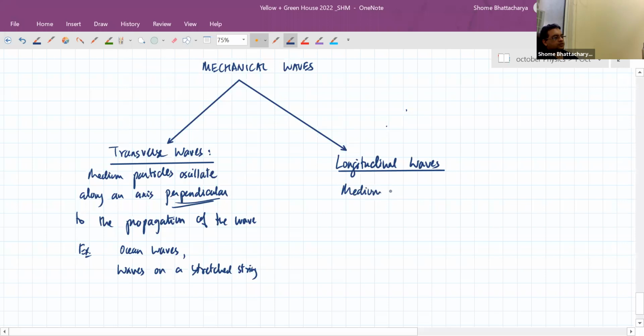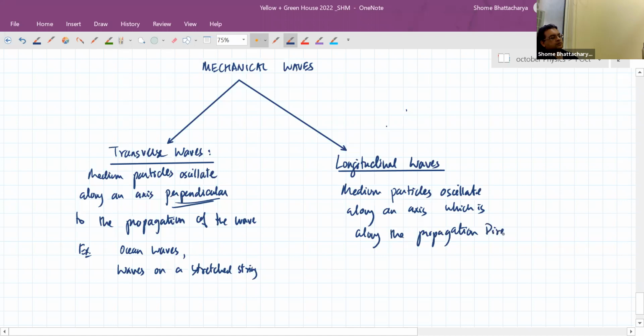In brief, we can say that medium particles oscillate along the propagation direction. And a physical example of this is sound waves.